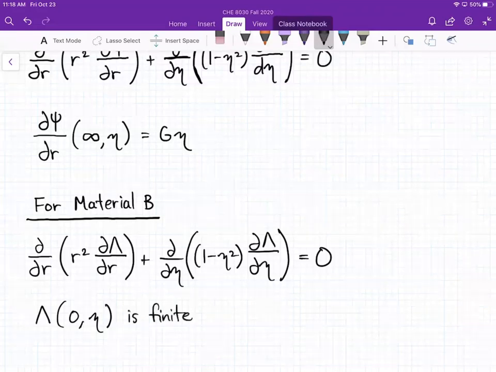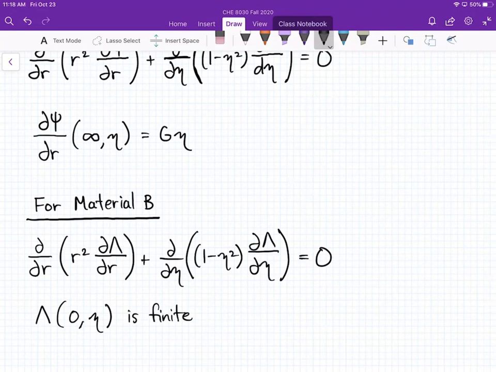is finite. And so this may seem a bit strange for us because typically for cylindrical and spherical problems, and sometimes for rectangular problems, but for rectangular problems, we typically just change our scale. So specifically for cylindrical and spherical problems, at the center of the cylinder and at the center of the sphere, we typically have a symmetric boundary condition that tells us that the flux is equal to 0, i.e. the gradient is equal to 0.